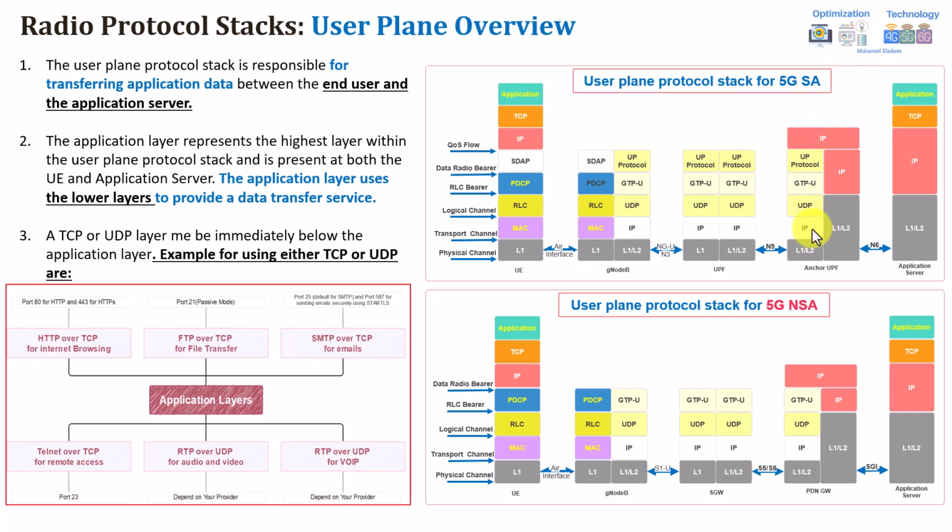From the high-level perspective, the IP packets will be transferred through something called GTP-U. This GTP-U is a protocol called GPRS Tunnelling Protocol. This protocol encapsulates the IP packets coming from the IP layer and creates a tunnel between the IP network and the UPF, the user plane function.